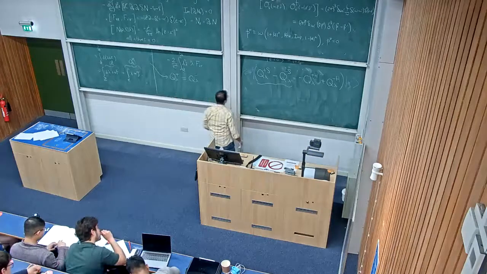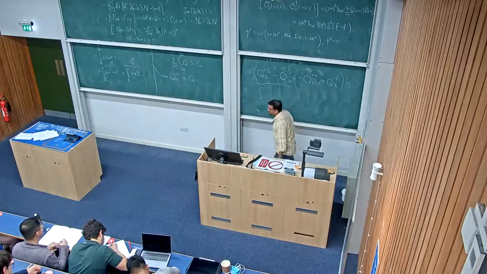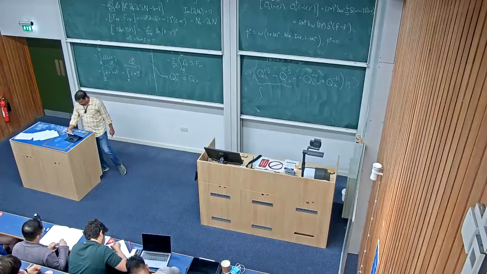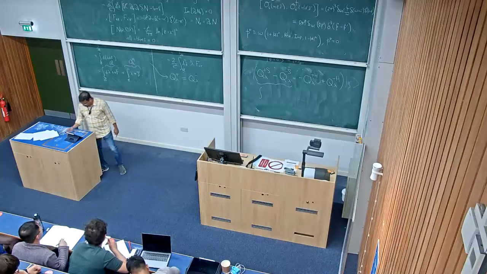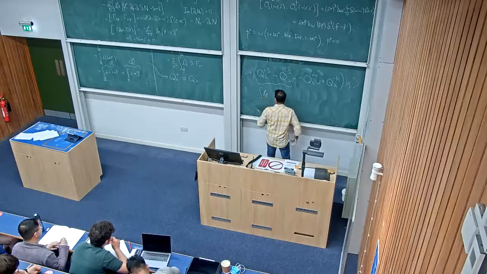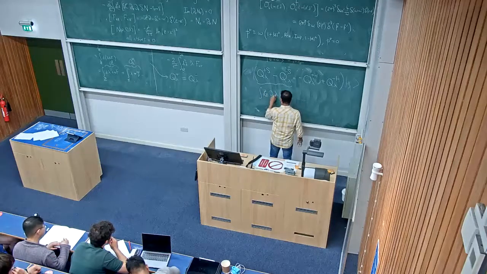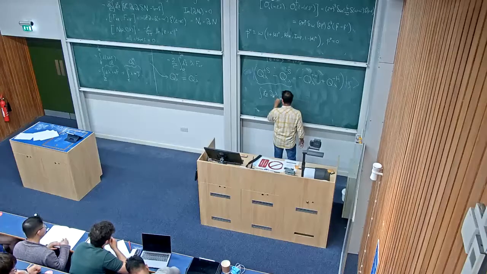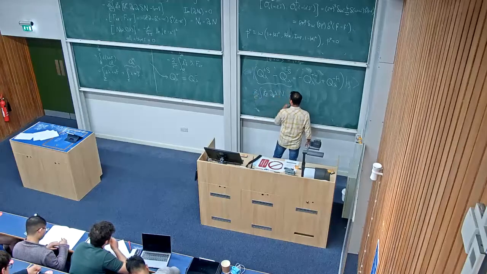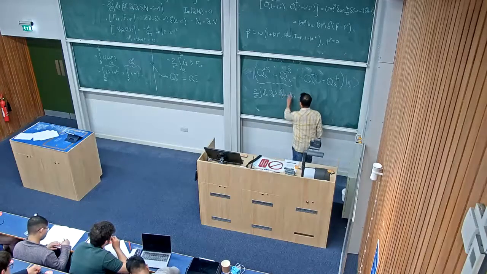Okay, so this piece over there was d lambda wedge star f. If you now work it out in these coordinates, this is the integral d^2z, del z bar lambda, F_uz plus.